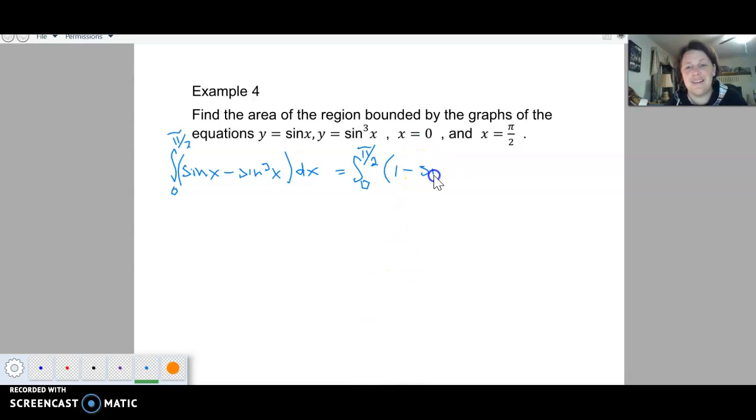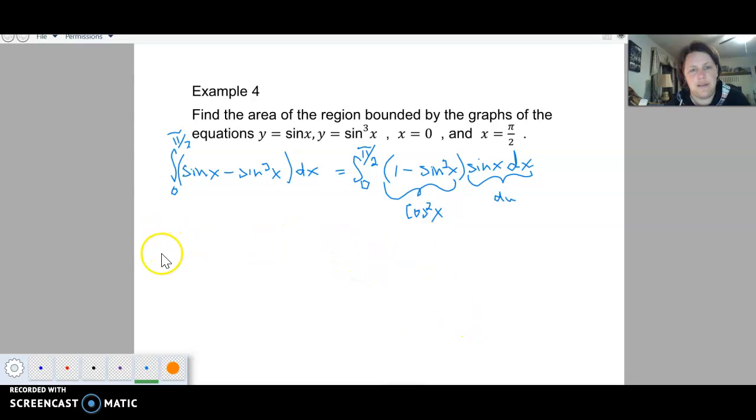It would be 1 minus sine squared x times sine x dx. Now this looks like it would make a really good du. So that means we would want a cosine in here. Well, 1 minus sine squared x is the same thing as cosine squared x.